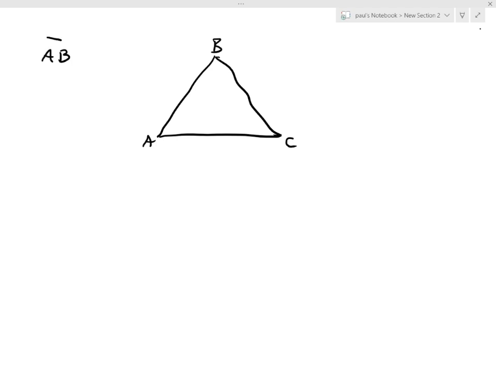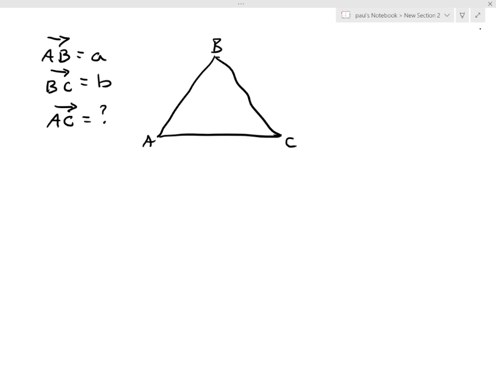Alright, so let's have a go at this one. So, third triangle, and we'll label it up A, B, C, and we'll give some information that A to B is going to be equal to vector A, and B to C is going to be equal to vector B. So what is A to C?